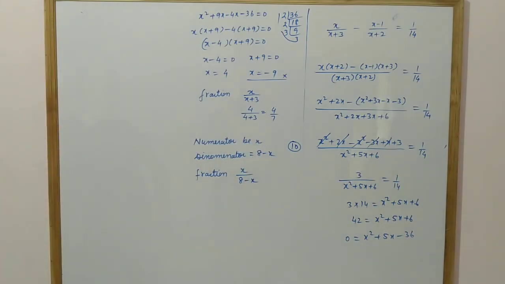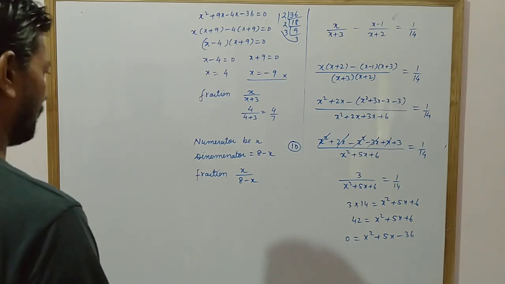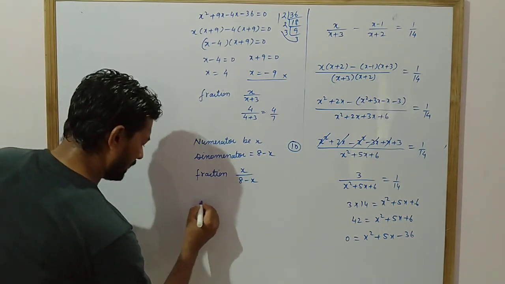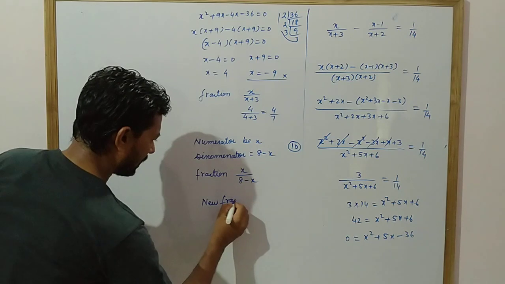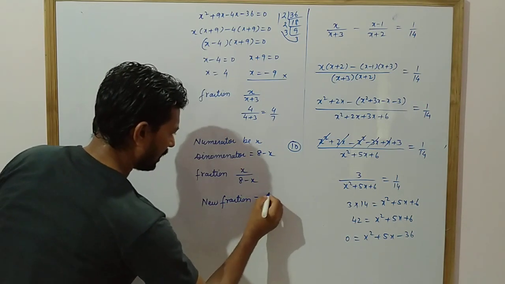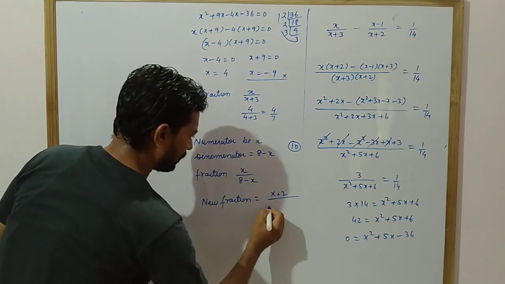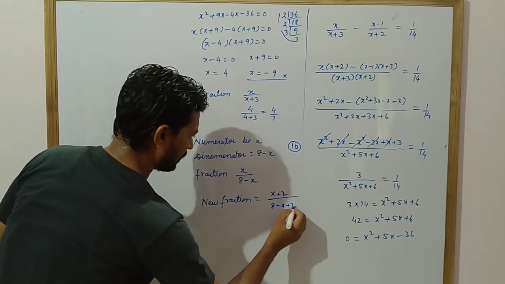Now, it is given that if 2 is added to both the numerator and the denominator, the fraction is increased by 4 by 35. New fraction, if 2 is added, so new fraction, that is x plus 2 by 8 minus x plus 2.